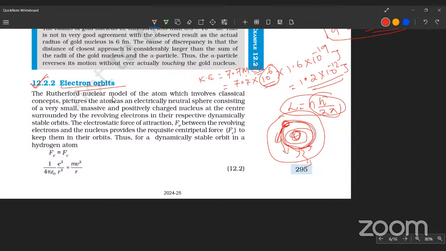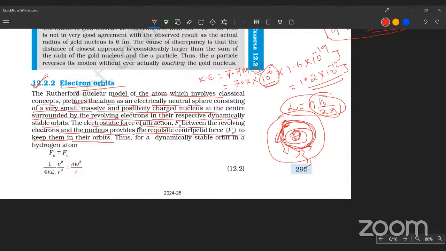The Rutherford nuclear model of the atom, which involves classical concepts, pictures the atom as an electrically neutral sphere consisting of a very small, massive, positively charged nucleus at the center, surrounded by revolving electrons in their respective dynamically stable orbits. The electrostatic force of attraction Fe between the revolving electron and the nucleus provides the requisite centripetal force Fc to keep them in their orbits.